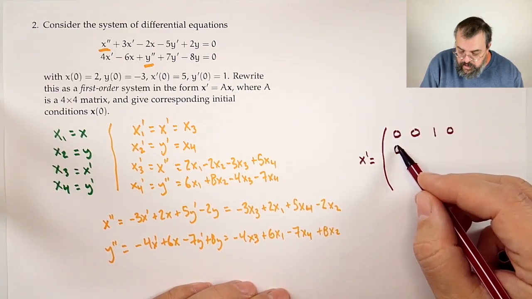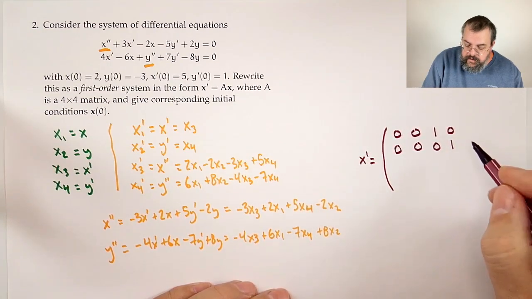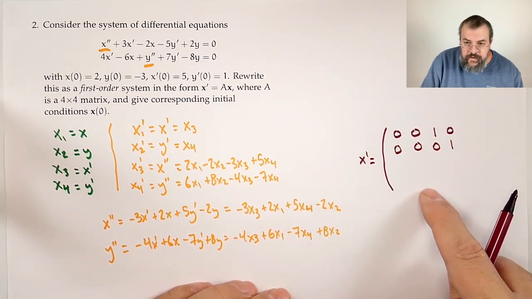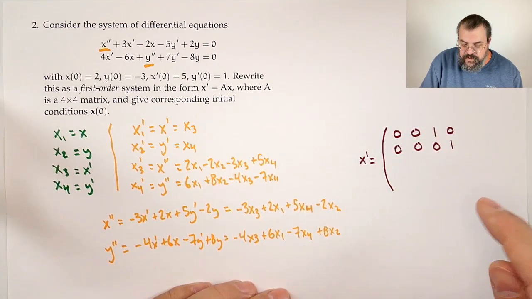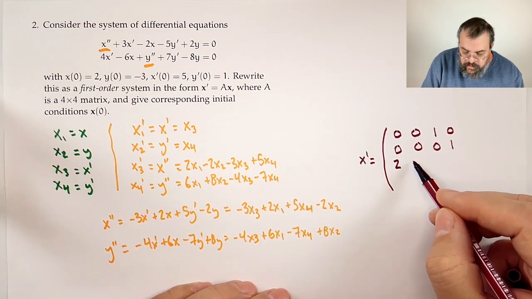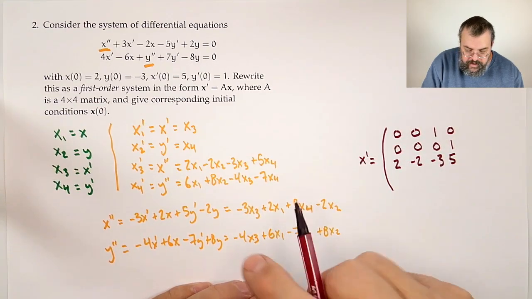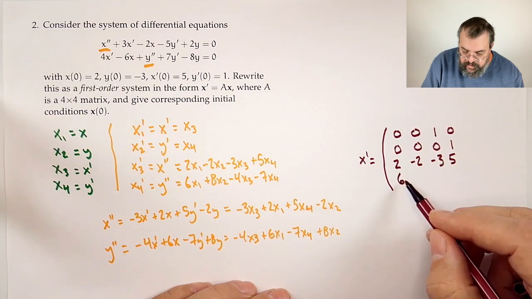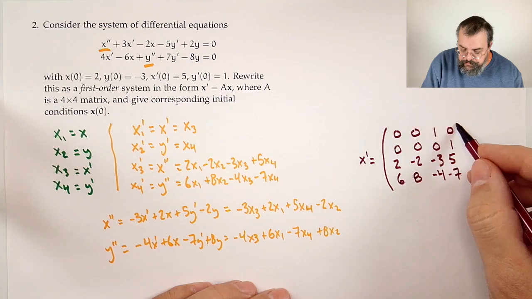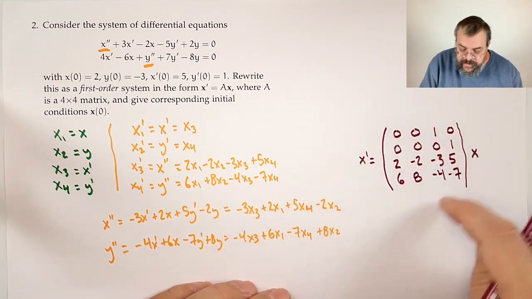So there's x1, x2, x3, x4, because we're reading off the coefficients: x1 coefficients, x2 coefficients, x3 coefficients, x4 coefficients. For the next one, it's a little easier to see. It's 2, minus 2, minus 3, 5, and 6, 8, minus 4, minus 7, times x. So there's our system.